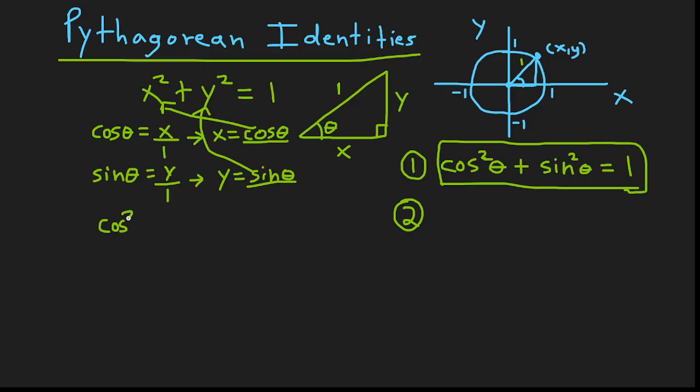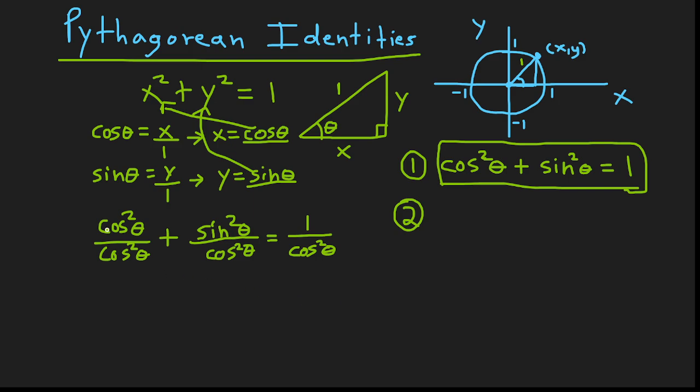So cosine squared theta divided by cosine squared theta, plus sine squared theta all over cosine squared theta, equals 1 all over cosine squared theta.